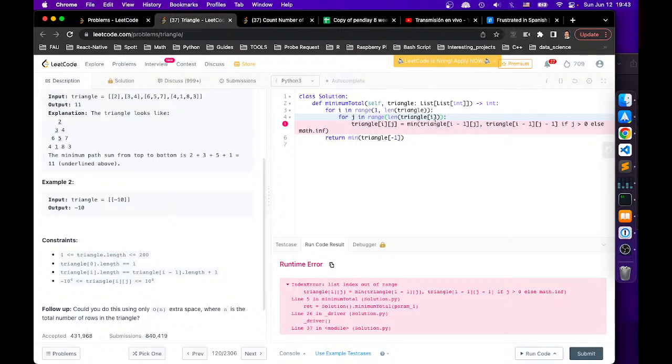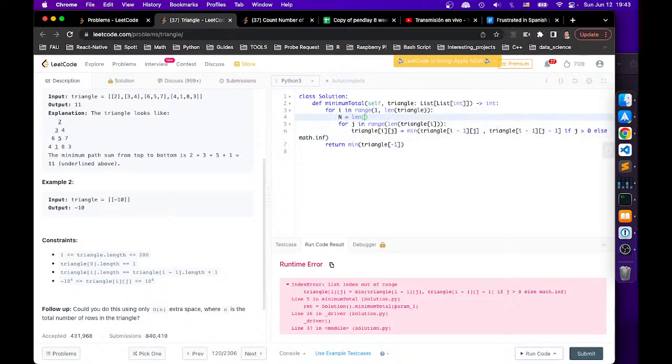Oh, yeah, I'm looking for i minus 1. Of course it's going to be out of range. Now, how could they say if j is smaller than len triangle... Oh man, I don't like that at all. n equals len triangle i.